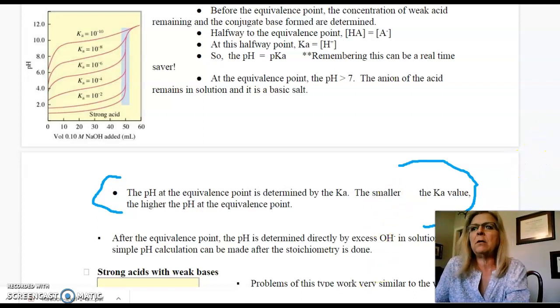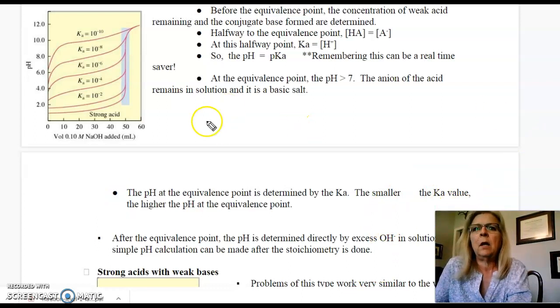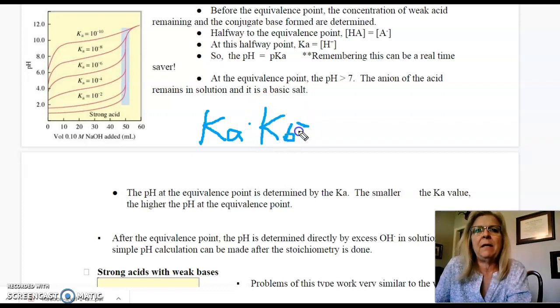Please also remember, Ka and Kb are opposites of each other. And for your own enlightenment, Ka times Kb is going to come out equal numerically to exactly 1 times 10 to the negative 14.